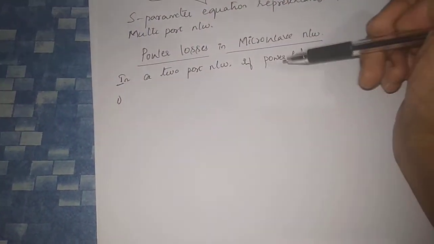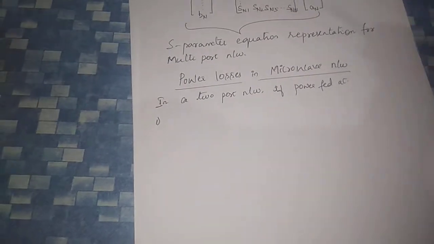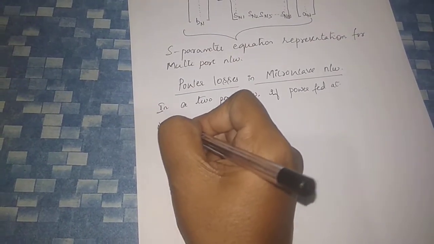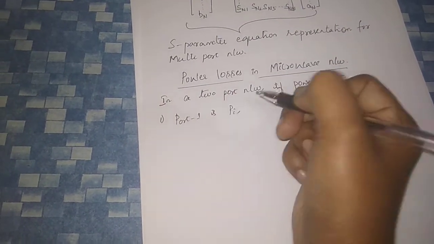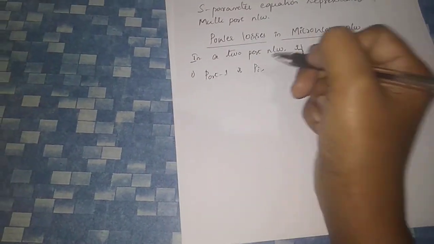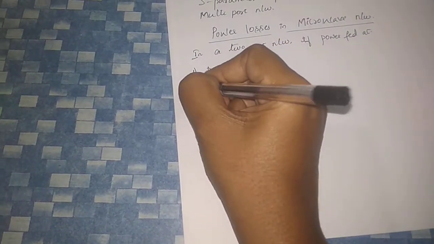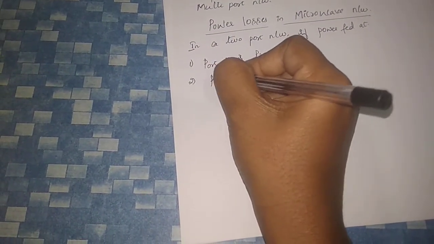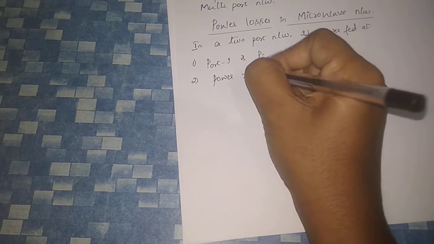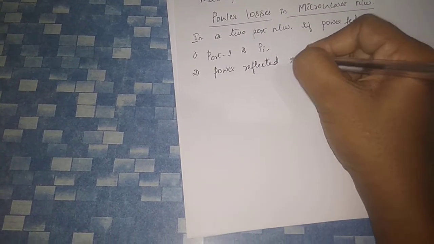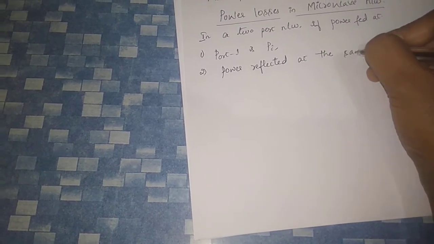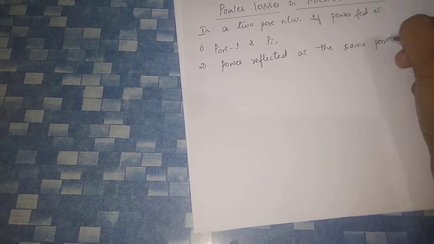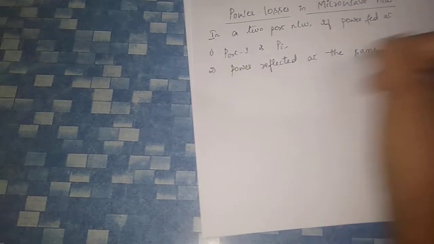In a two-port network, if the power fed at port 1 is taken as Pi, that is your incident power. Next, power reflected at the same port is Pr.